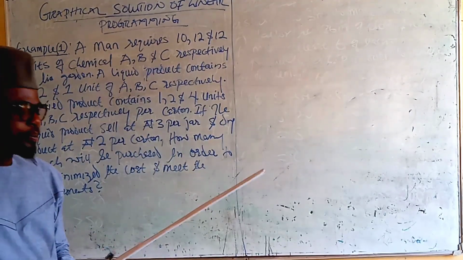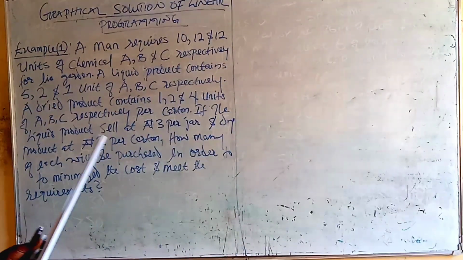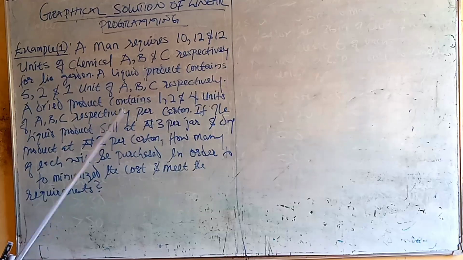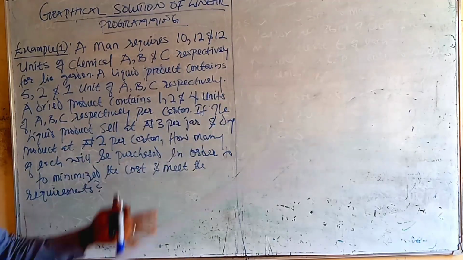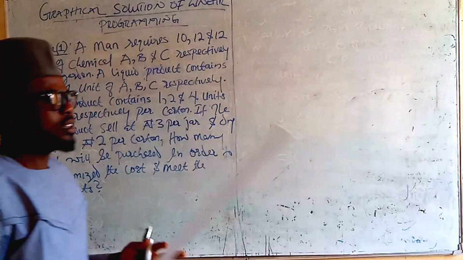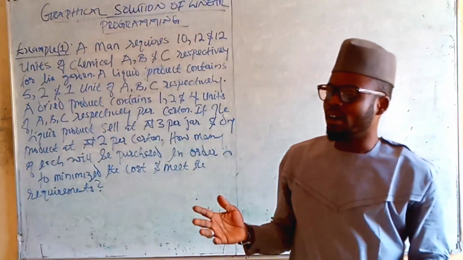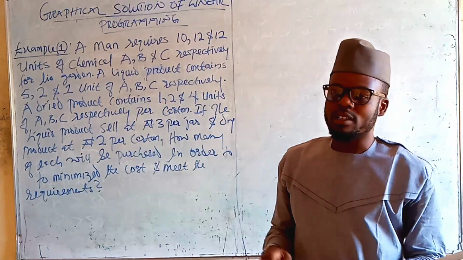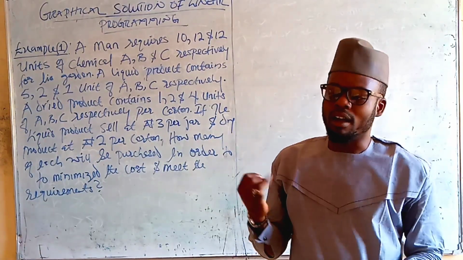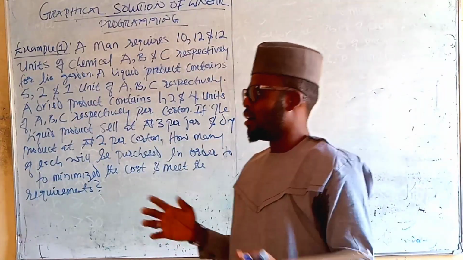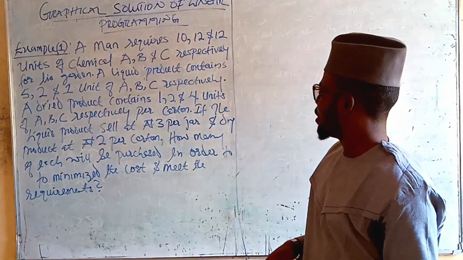So this problem is about a man managing a kind of garden in which he requires to purchase a kind of chemical. You know, for any chemical, there is a combination of dry and liquid product which are going to be mixed together to form that chemical.